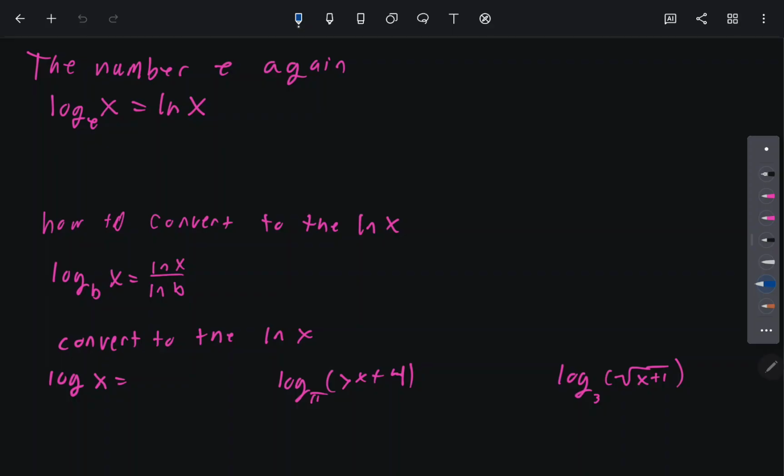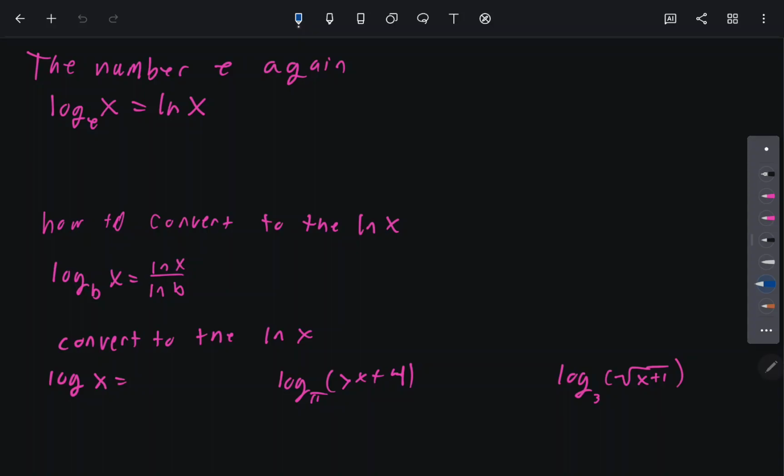And we often want to work in the natural logarithm because, especially for calculus, it's going to have some very, very nice properties, especially dealing with things like rate of change.